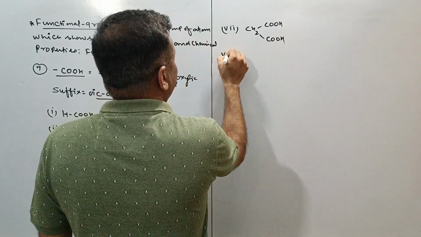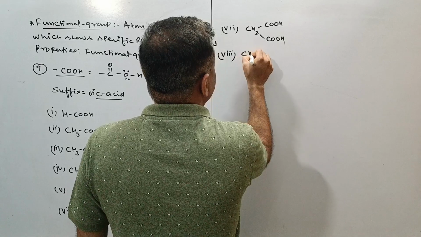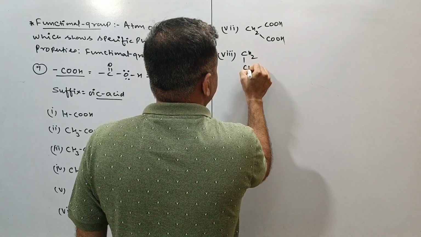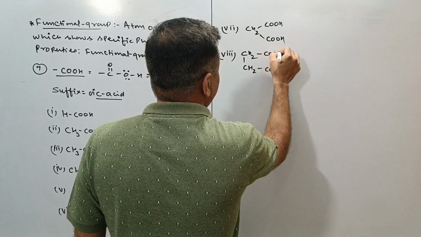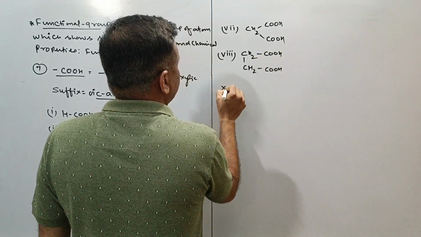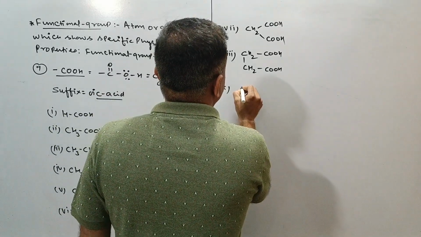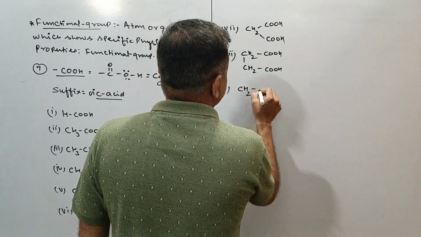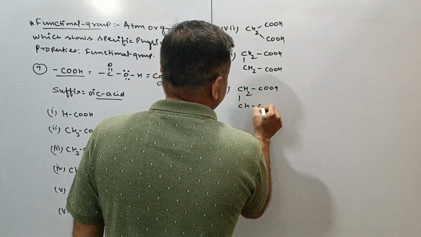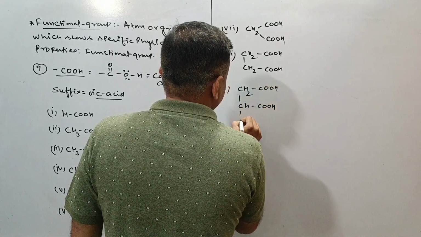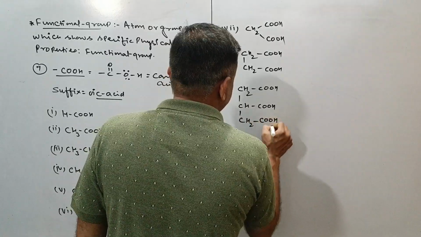This is the eighth example. We can take CH2 CH2 COOH and COOH. This is the ninth example. We can take CH2, COOH, CHCOOH, CH2 COOH.